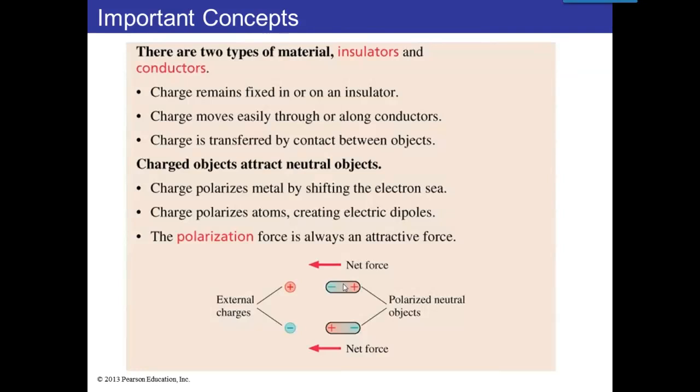And because one charge is a little bit closer than the other charge, that gives you this net force. Of course, we know by Coulomb's law, the attractive force here will be greater than the repulsive force, thereby attracting the neutral objects to the charged objects. Okay, we saw that again with the paper bits and the foil bits with the styrofoam cup. That was our example.